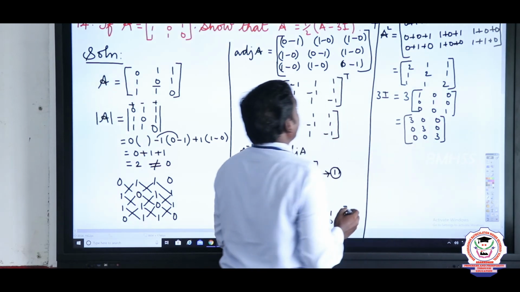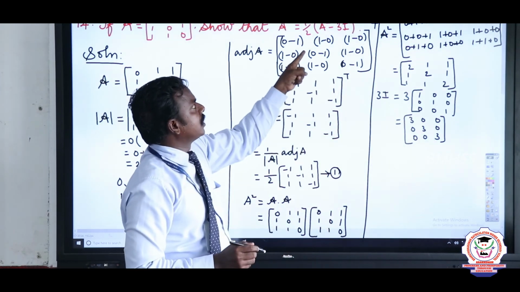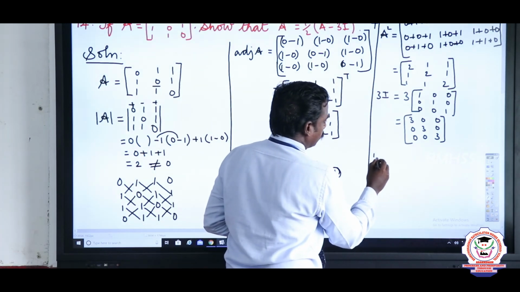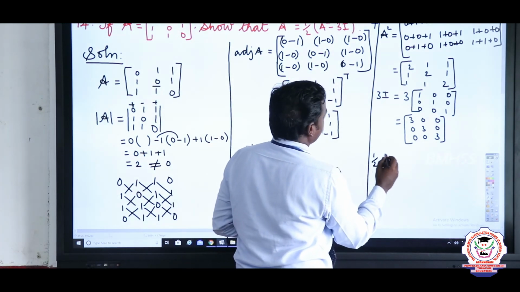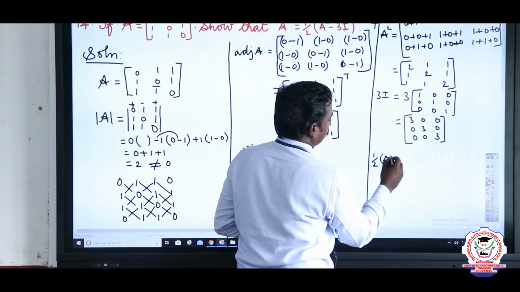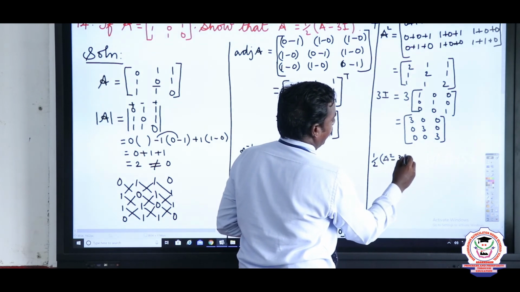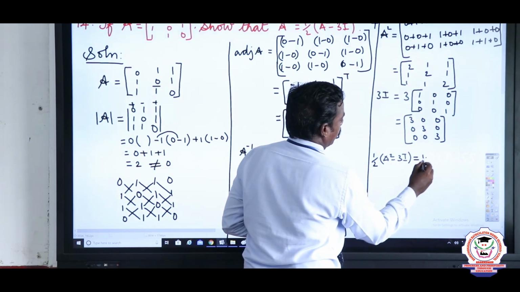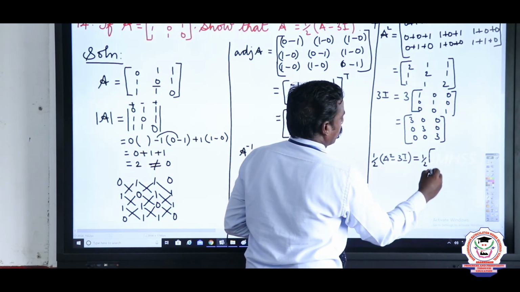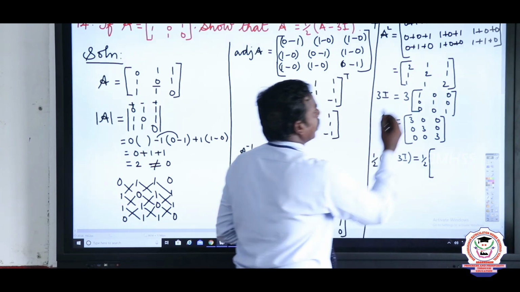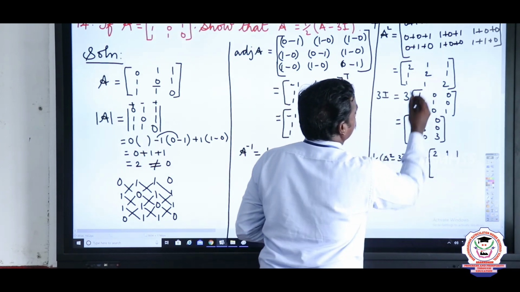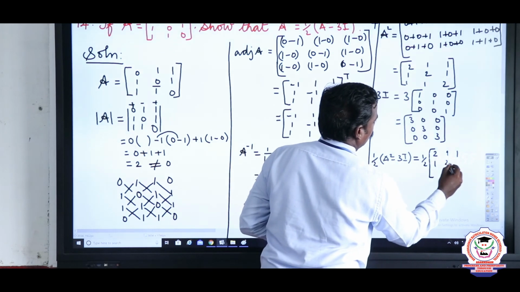Now in the right hand side they given 1 by 2 into A square minus 3i. Same thing I am going to write, 1 by 2 into A square minus 3i equal to, listen, yes, 1 by 2. A square matrix is what? A square matrix is 2, 1, 1. Listen, from the second row 1, 2, 1.